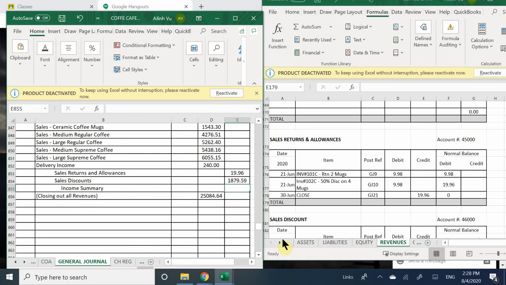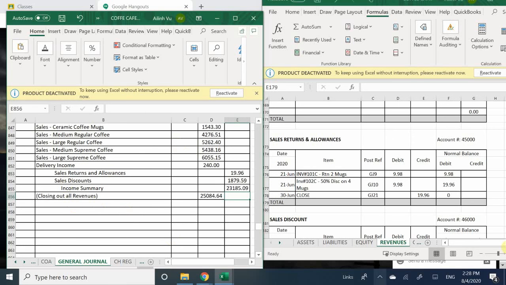And if my number should be 25,084.64 minus 1996 minus 1879.59, I know that my total income summary needs to be 23,000.